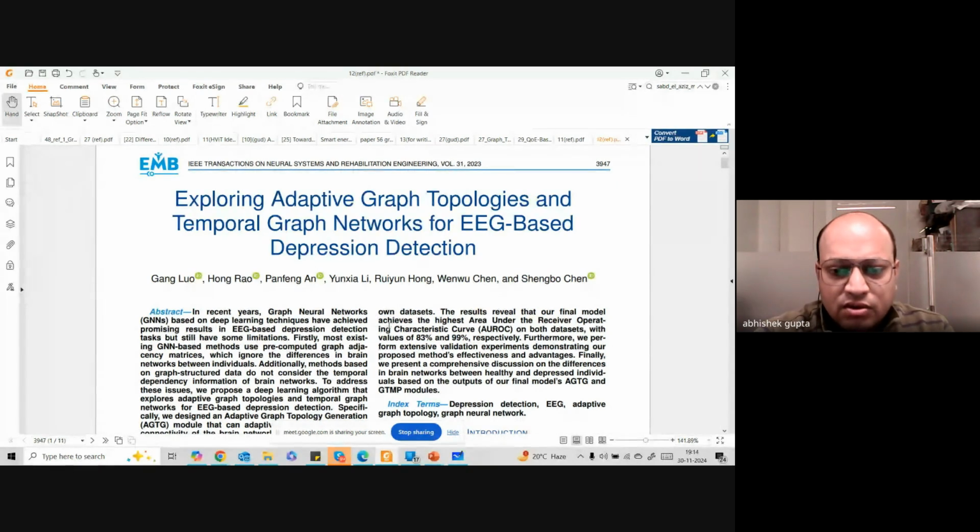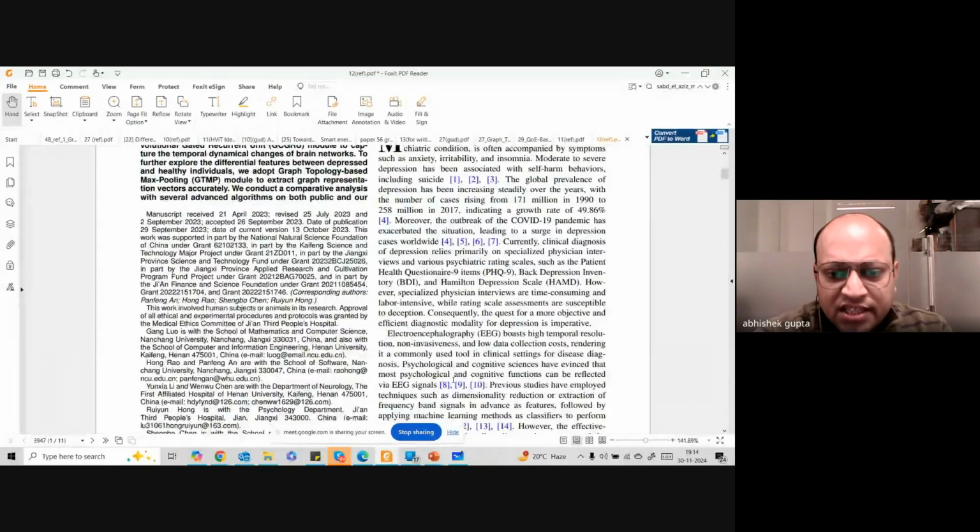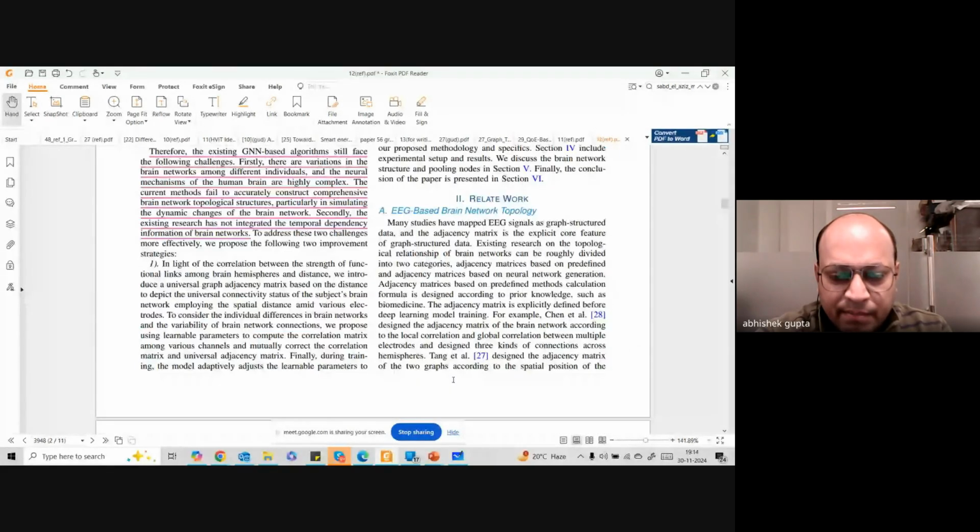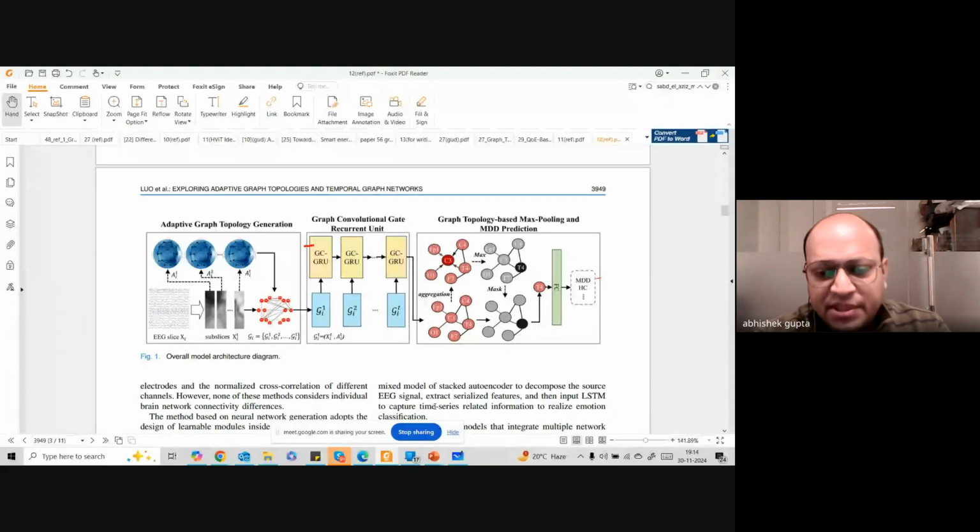All right. So leaving that, we are coming to the topic. This is Exploring Adaptive Graph Topologies and Temporal Graph Network for EEG-based Depression Detection. This paper has described the methodology in three different modules. The challenge with GNN, which I told earlier, is that it does not consider the temporal data. Alongside that, a major challenge in GNN is that it requires a pre-computed adjacency matrix to use.